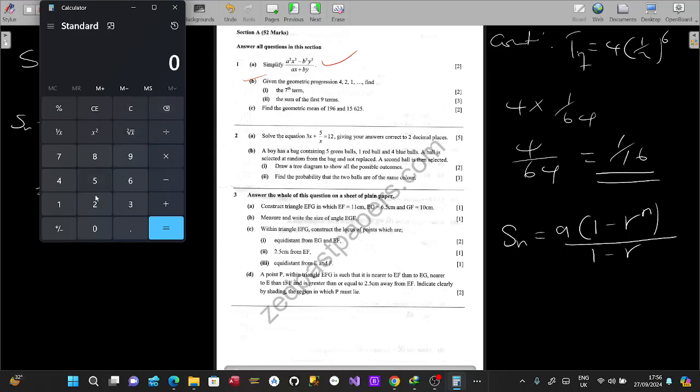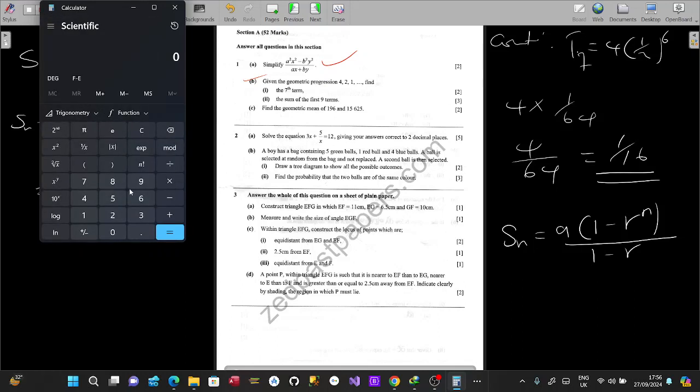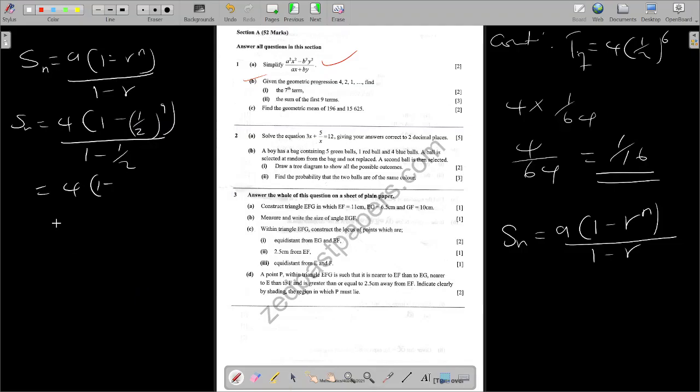Let's just use the scientific calculator. So we have 2 raised to the power 9, and the answer is 512.